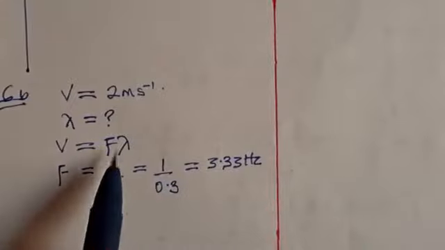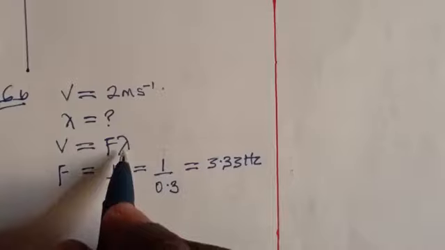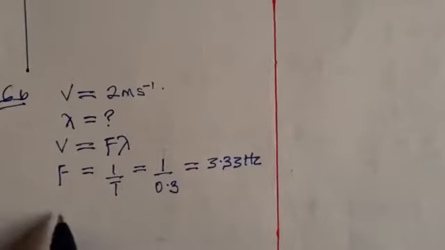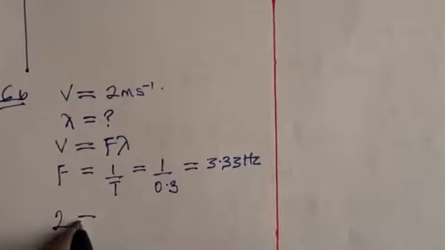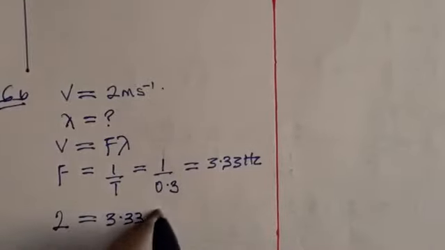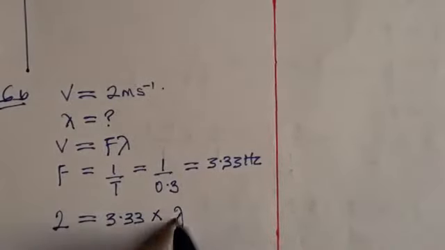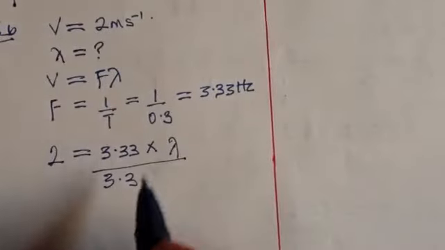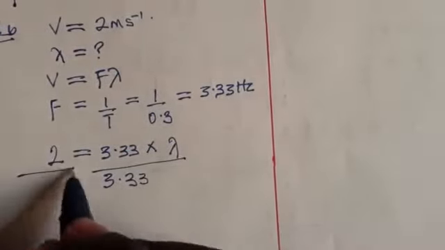Having known our frequency, we can get our lambda. We are given that V is 2. Just put 2 equal to frequency, 3.33, multiplied by the lambda we are looking for. The next thing is to divide both sides by 3.33.